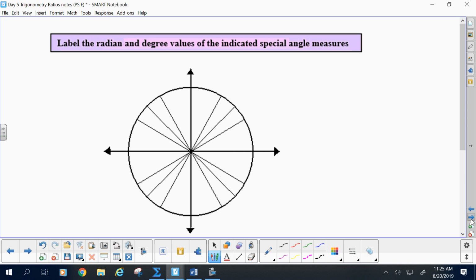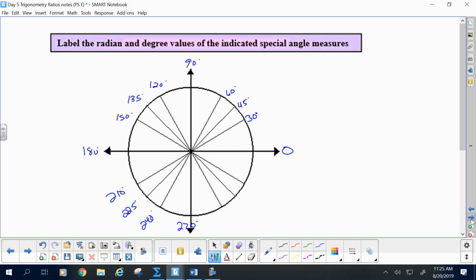So let's start with degrees. 0. What's the first reference angle in the triangle? 30. Okay, and then 45, and then 60, and then 90. Okay, and then excellent. 120 degrees. 180, excellent. 210, 225, 240.